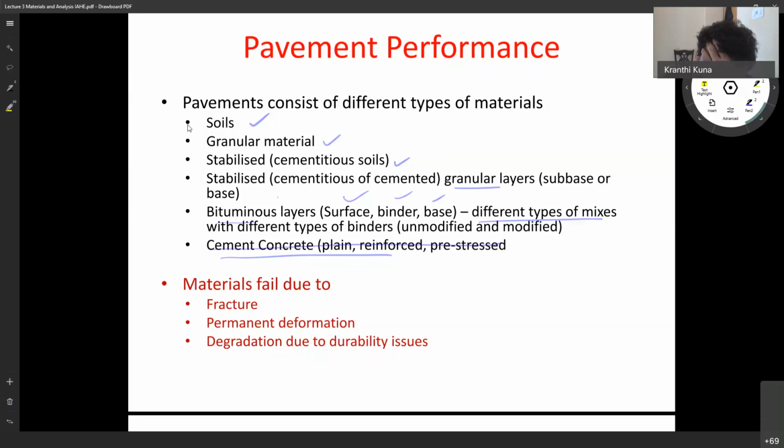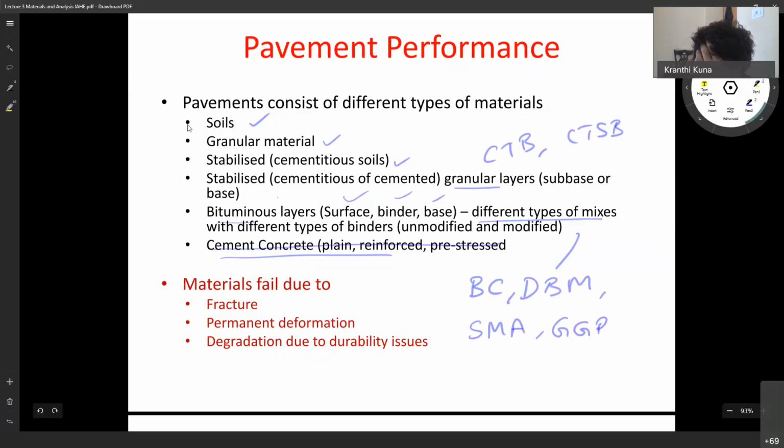Say for example, you have cement treated base, cement treated sub base. Similarly, you have BC, bituminous concrete, dense bituminous macadam for asphalt materials, and you have stone matrix asphalt and gap graded rubberized mix asphalt. So typically we have others as well, semi-dense bituminous macadam, but primarily these are the mix types we use in asphalt.